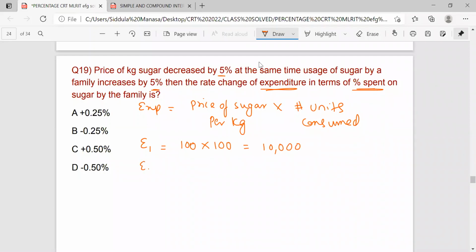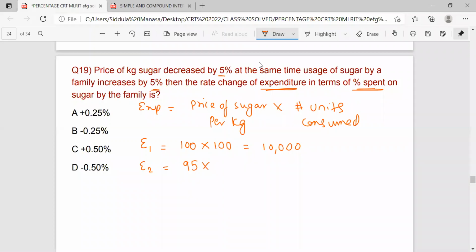Now what is your final expenditure? The price of sugar per kg is decreased by 5%. Before you were purchasing at 100 rupees per kg, now a 5% decrease means you are purchasing at 95 only. But at the same time, usage of sugar is increased by 5%.